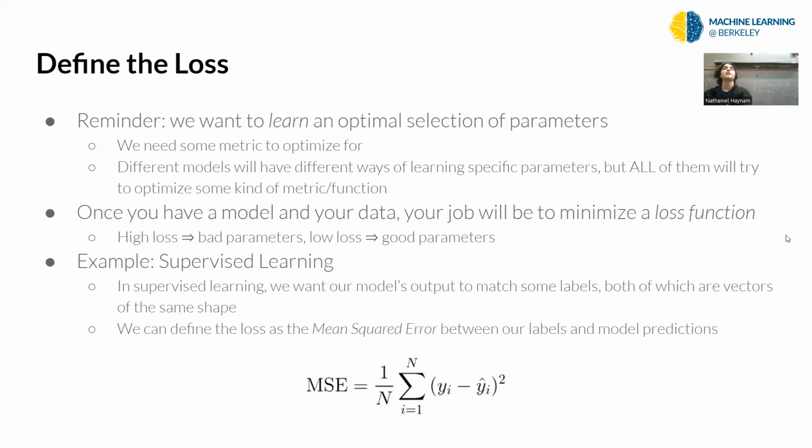If you see, i to n is the number of data points that we have, and so this loss function is computed over all the data. For correctly classified data, yi minus y hat is going to be 0 because the predicted and the observed are the same. That's 1 minus 1 is 0. So the loss function wouldn't do anything in the case of a correct prediction, which is why we want our loss function to go to 0, because that means our predicted and the real thing are the same.